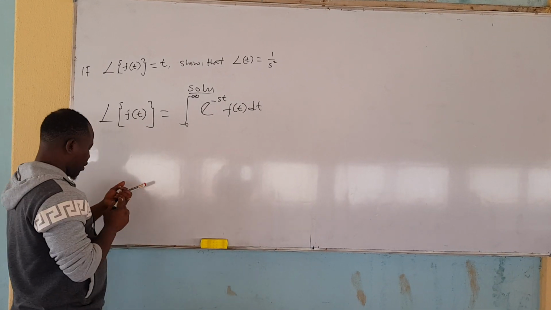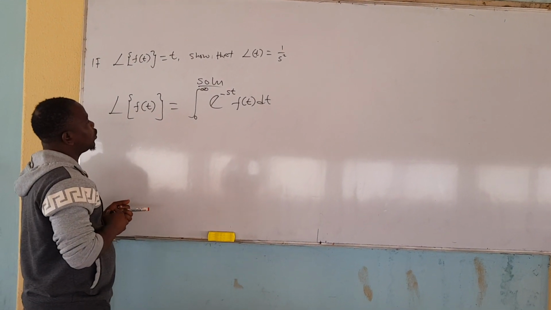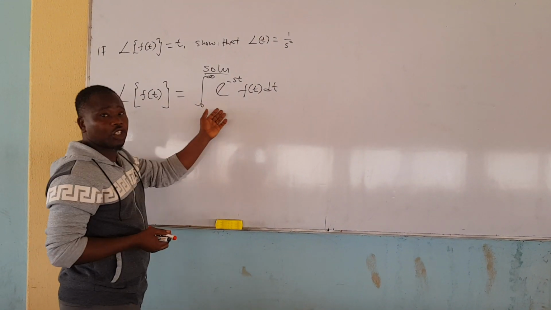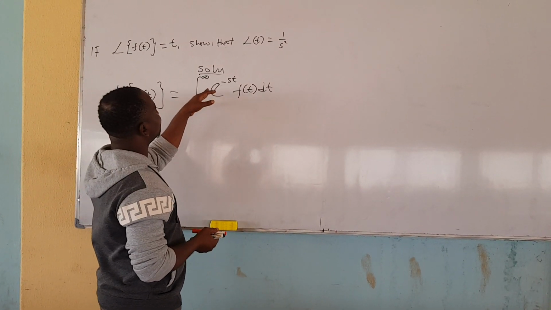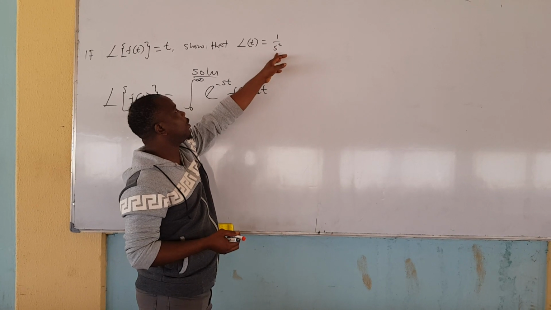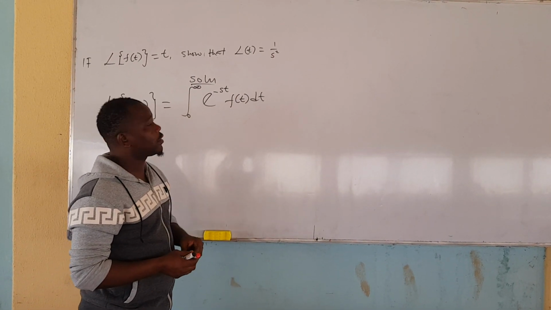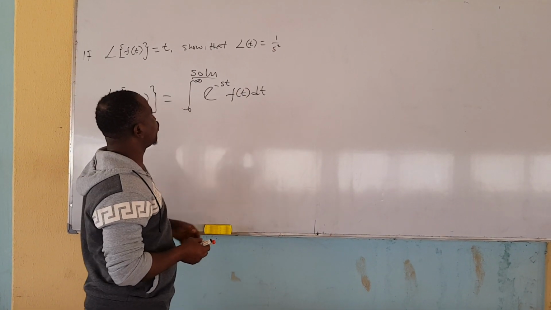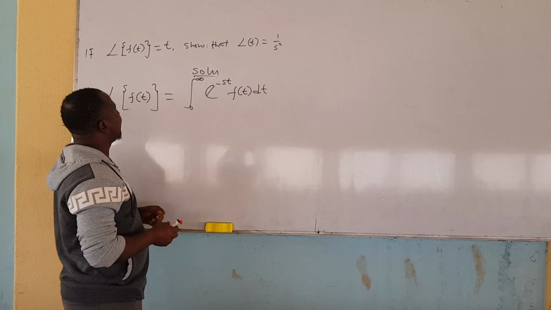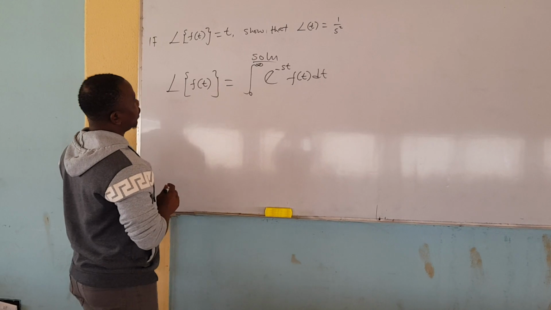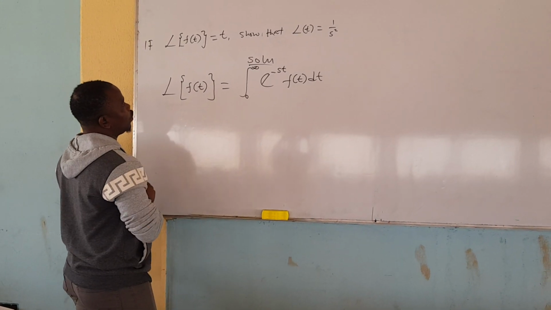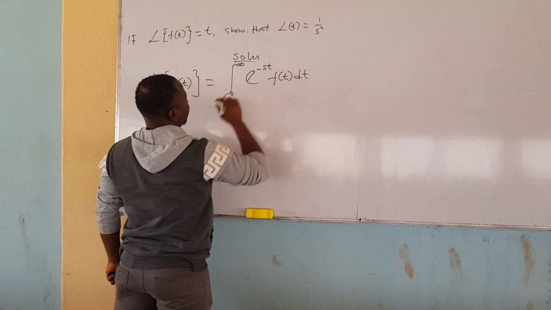So by this definition, we can prove to obtain 1 all over s raised to the power of 2. It's not difficult. Is that clear? Okay, so let us show to obtain this.